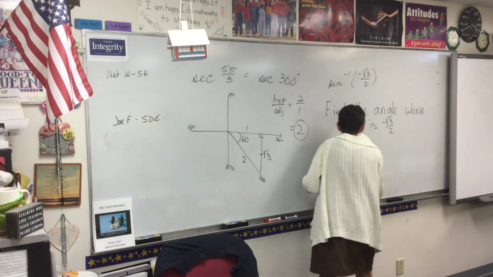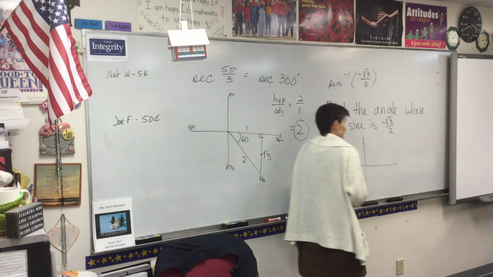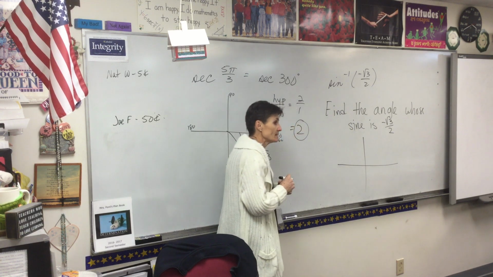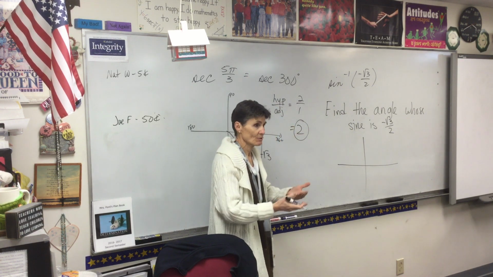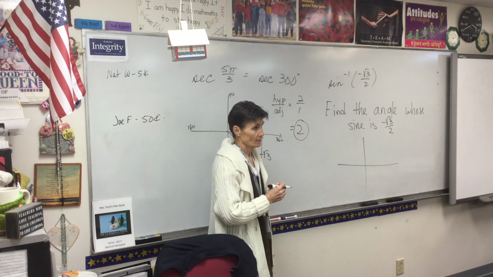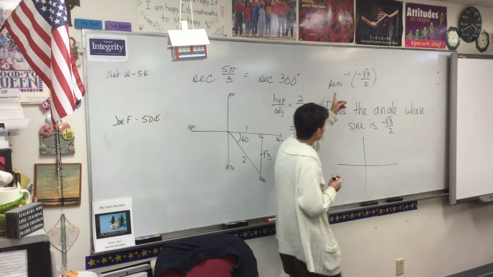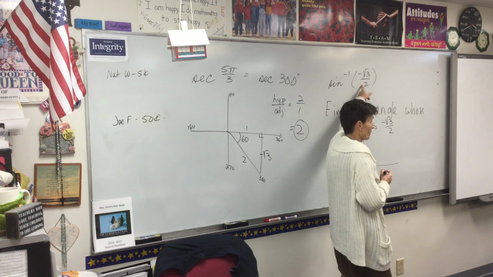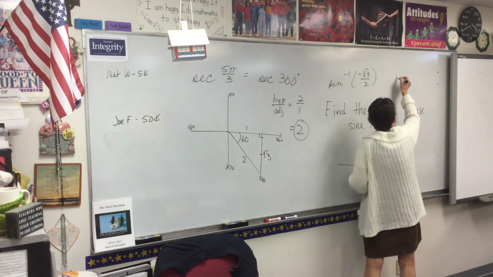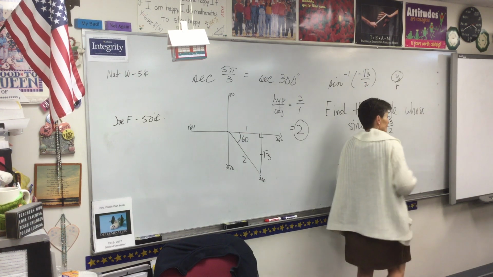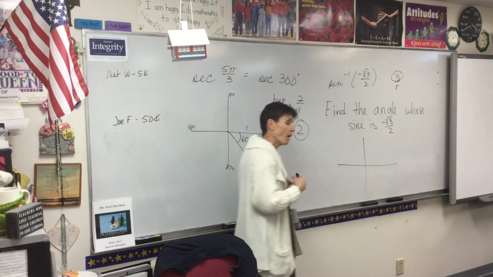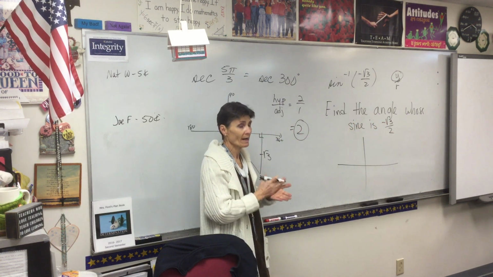Now, first decision you have to make, kids, is where will you find those angles? So you got to think about this. The sine is a negative number. Sine is y over r. Where is y negative? You need y to be negative.